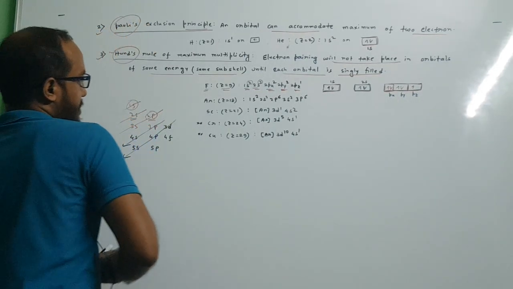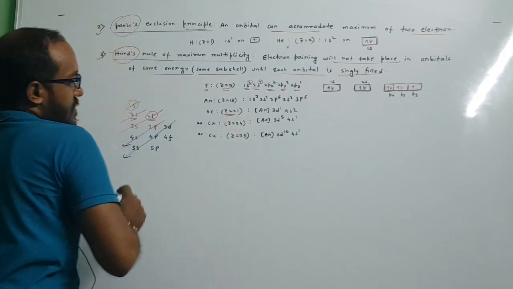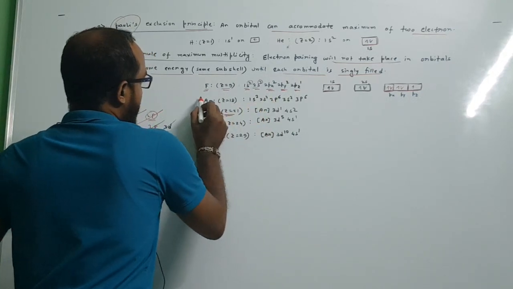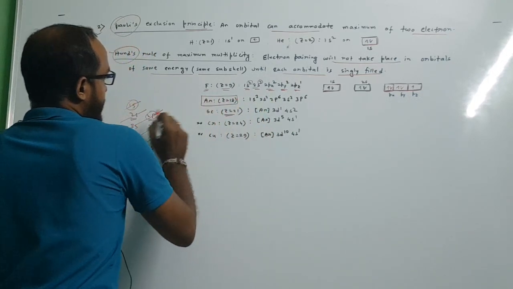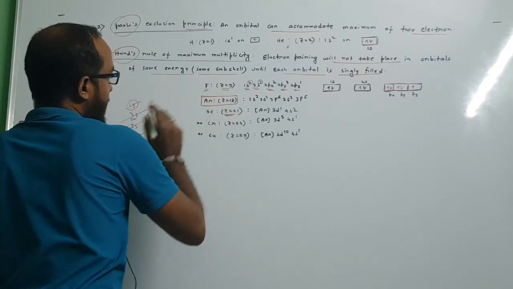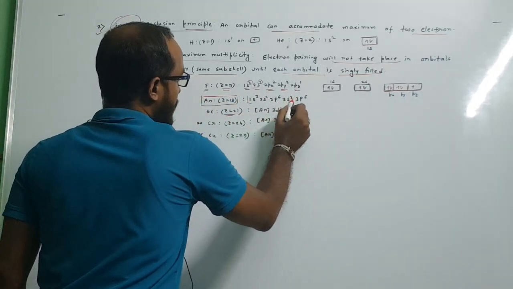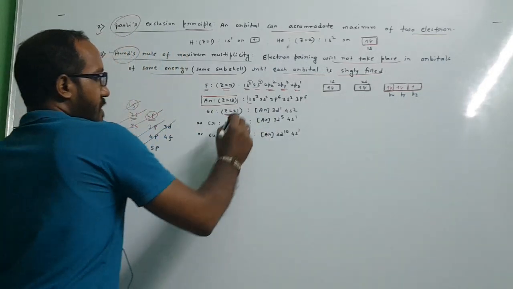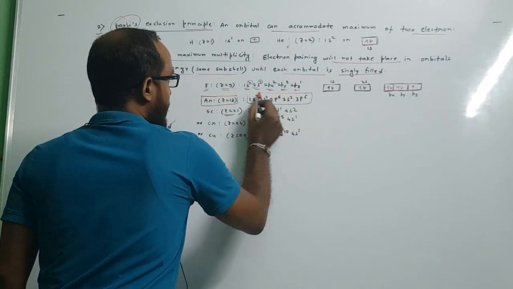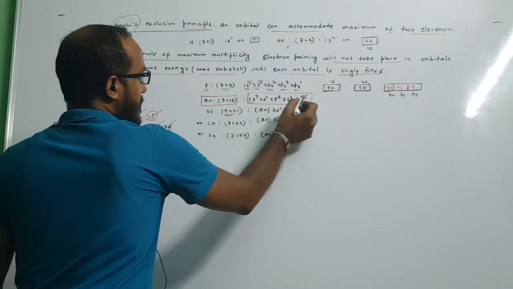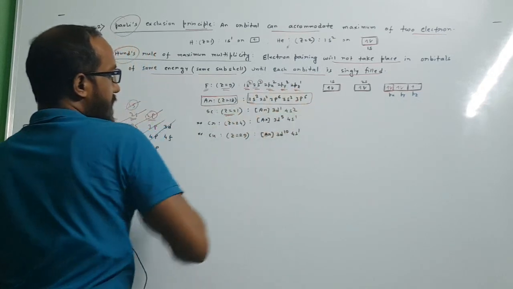See, scandium, atomic number is 21. We have already seen that the nearest noble gas configuration of argon is something like this: 1s2, 2s2, 2p6, 3s2, 3p6. Till now we have seen that the total number of electrons is 18.